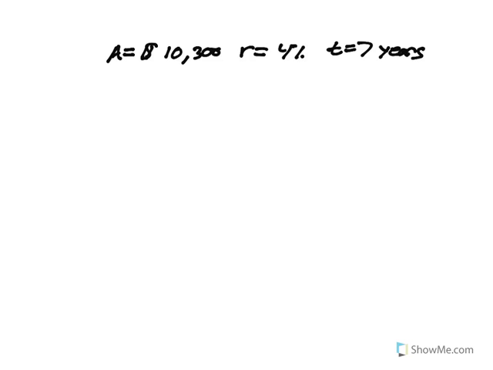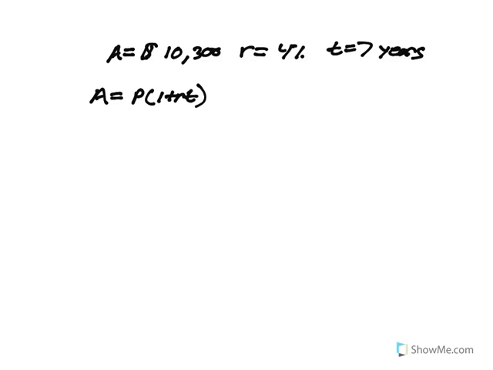All right, so we're going to use the future value formula, okay? All right, and let's plug in our values. So plug in the values first, and then algebraically solve for the variable that's left behind, okay?